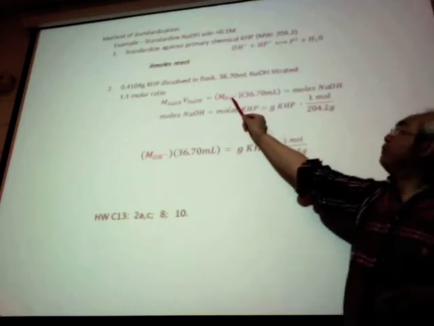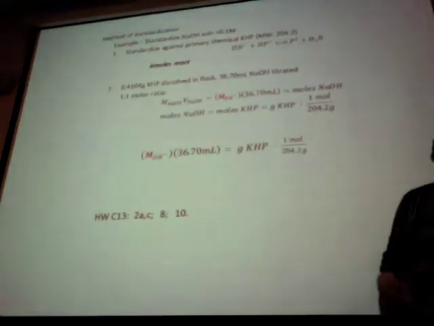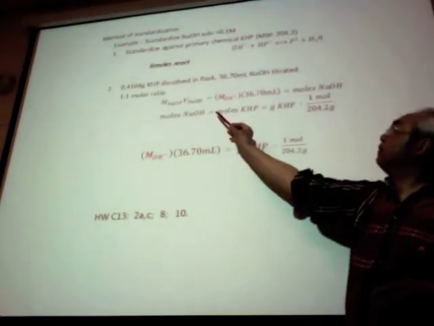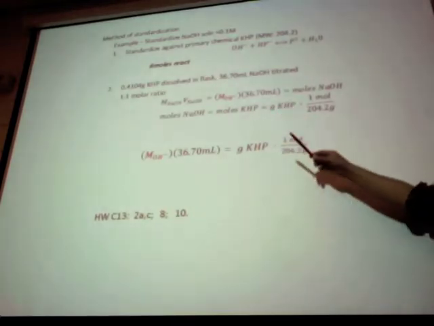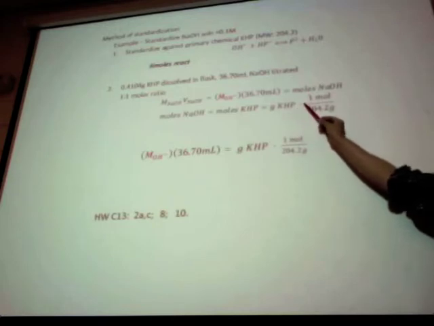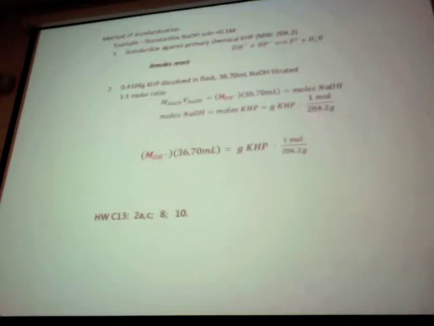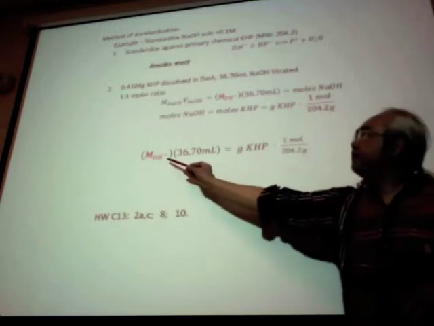So MV is equal to number of moles of NaOH, equal number of moles of KHP, 1-to-1. So the algebra is equal to the number of grams of the KHP used multiplied by the conversion factor, 1 over the molecular weight of KHP. So this is how you set up.